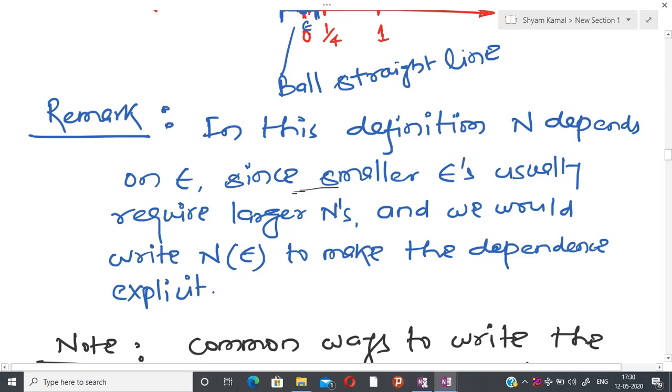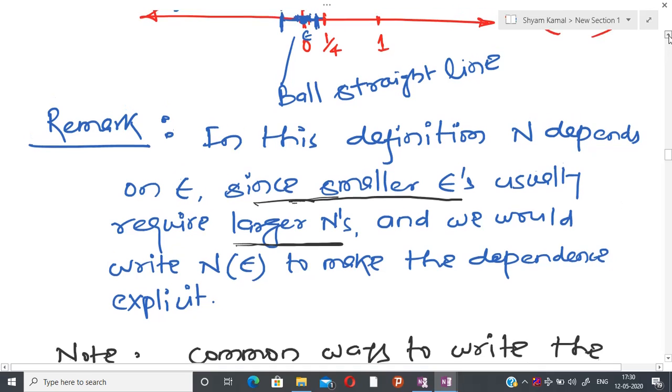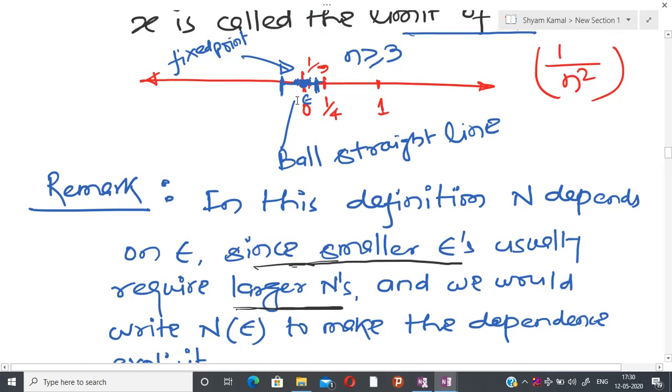If epsilon is very small, then N should be very large, because if you want to confirm that you remain very close to this fixed point or equilibrium point, you have to take more iterations.